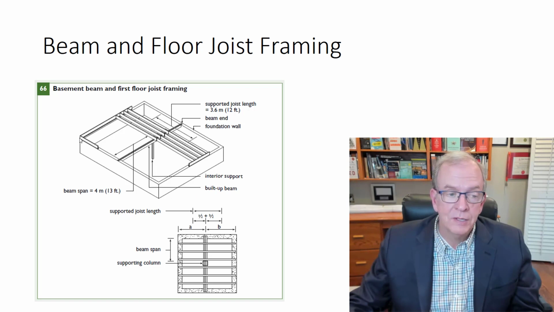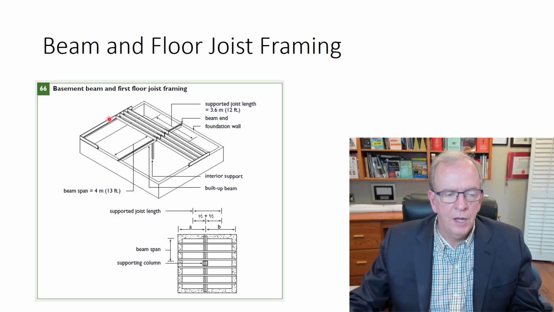In some areas, they may call it a header joist, although I would say that's not the correct terminology to use. And you may also call it a perimeter joist. I've seen it called that too. I tend to call it a rim joist. It sits on a sill plate, which is usually a 2x4 that has anchor bolts that are seated into the foundation wall, and that's really the tie between the floor framing and the foundation wall.